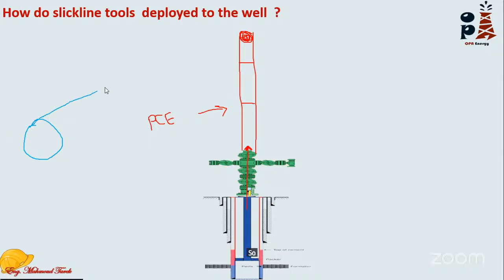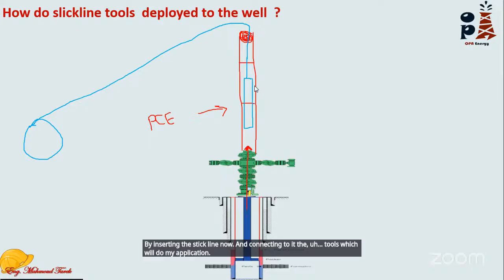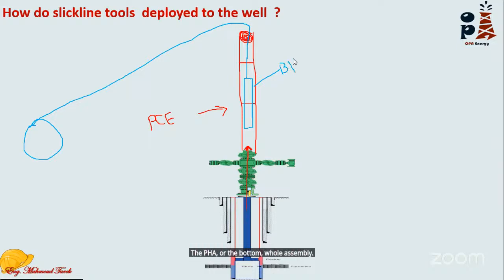So this Slickline is now ready to go down this PCE, inserting the Slickline inside this rubber element or packing element, which is called the stuffing box, and connecting to it the tools which will do my application, which is called the BHA, or the bottom hole assembly.